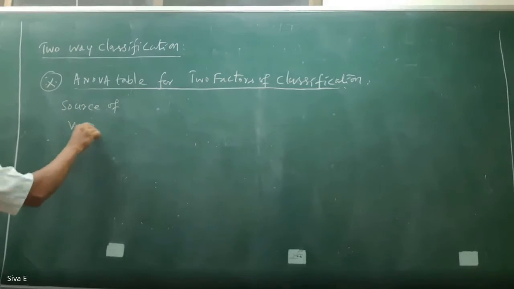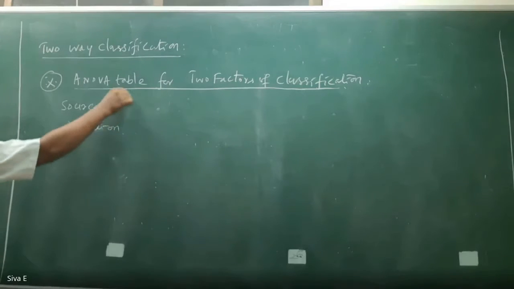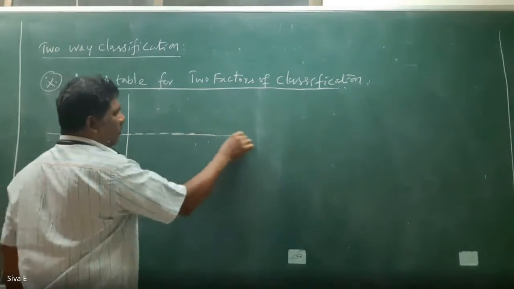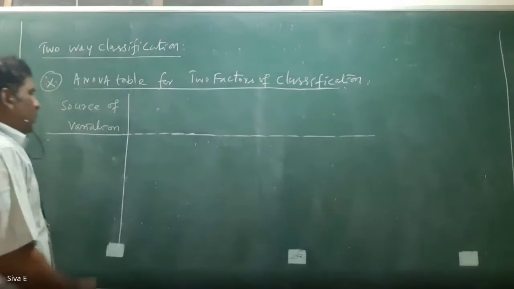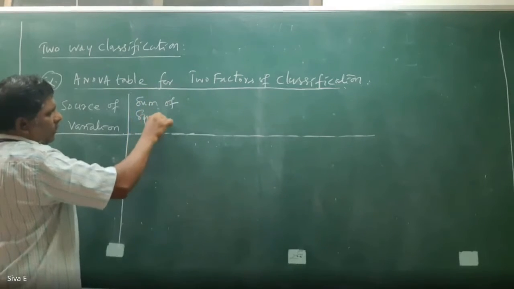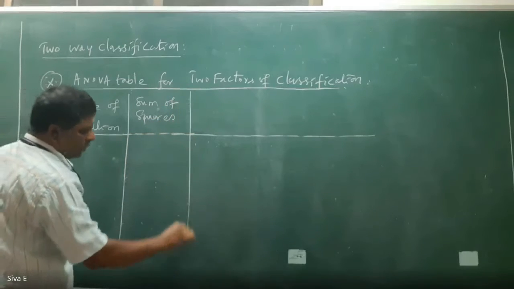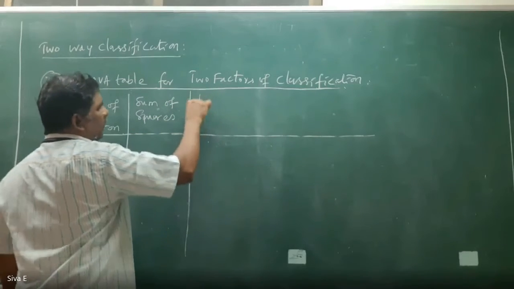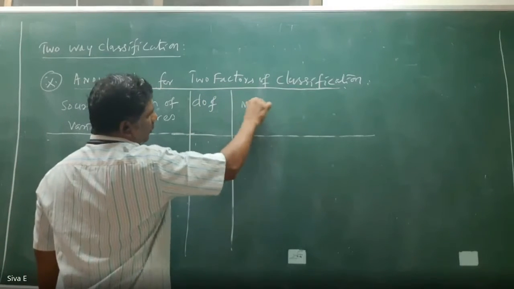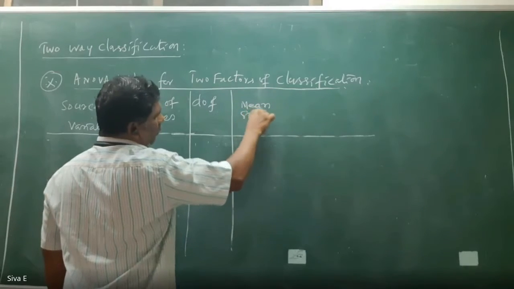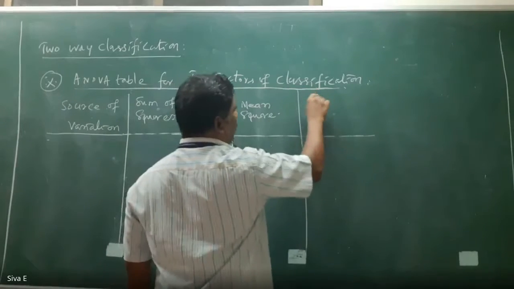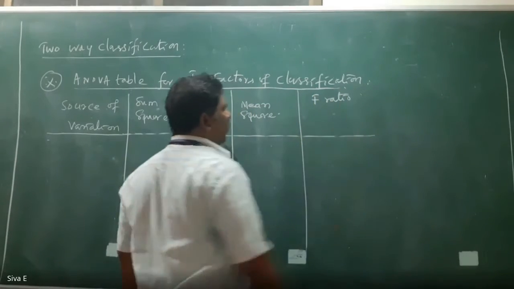The columns are: source of variation, sum of squares, degrees of freedom, mean square value, and F ratio.